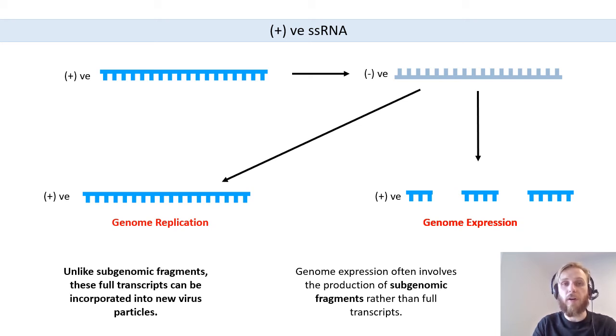And these full-length copies are essentially identical to the initial genome. Again, putting aside mutations, they're essentially identical, and therefore they can be packaged into the virus particles. So hopefully this makes it clear. Again, we're just adhering to these rules of genome replication that we've talked about.